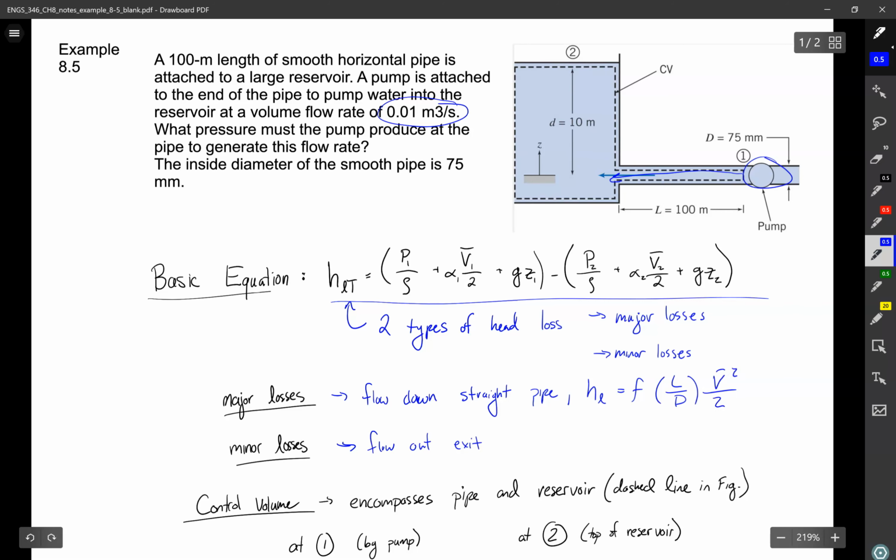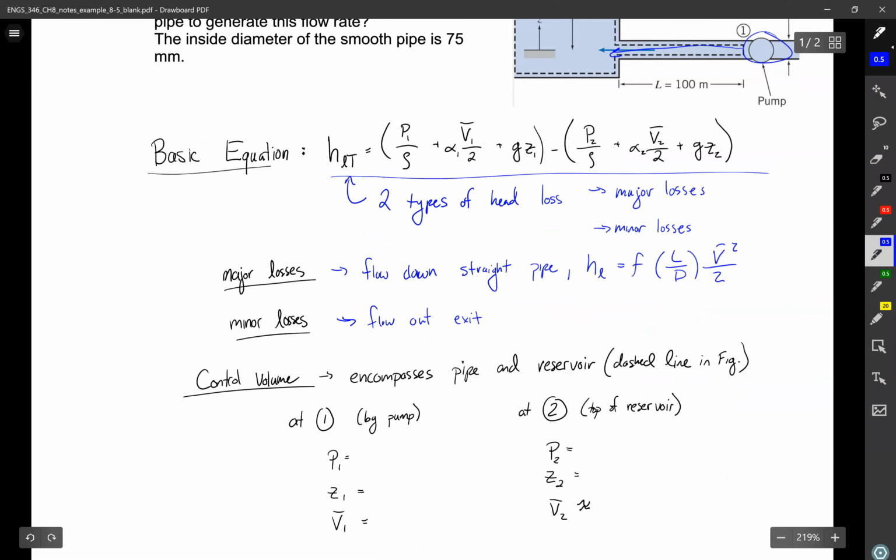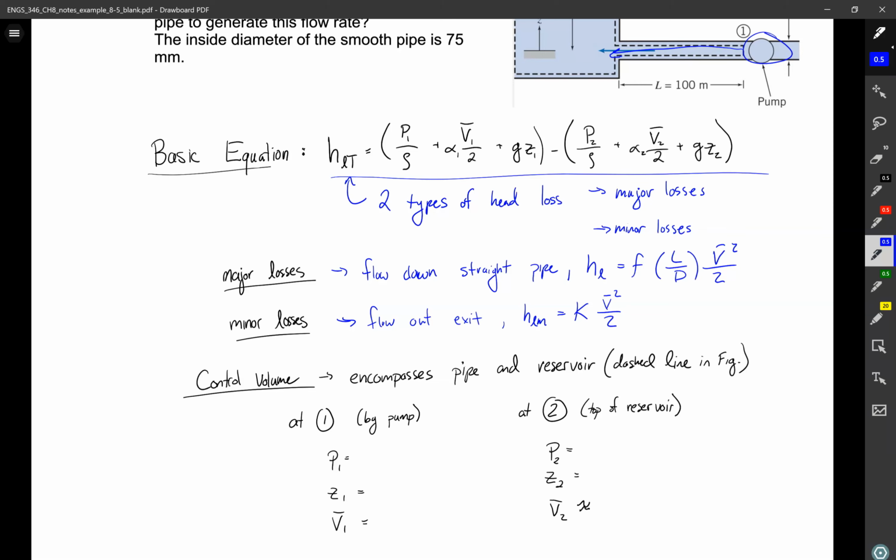Just the value of this friction coefficient F is going to be what changes if we have laminar or turbulent flow. Then the minor losses, the general model that we have is K times the average velocity squared over 2g. Okay, so these are the two models that we're going to be looking at.